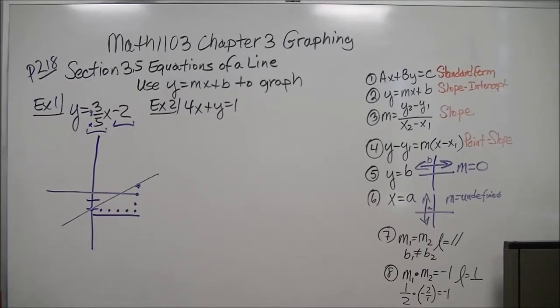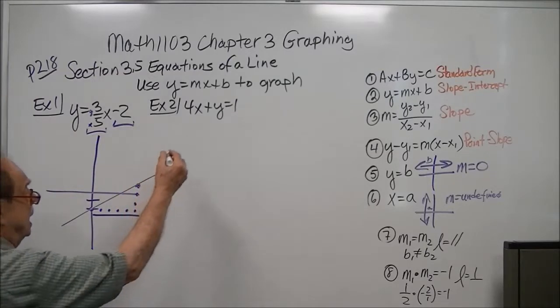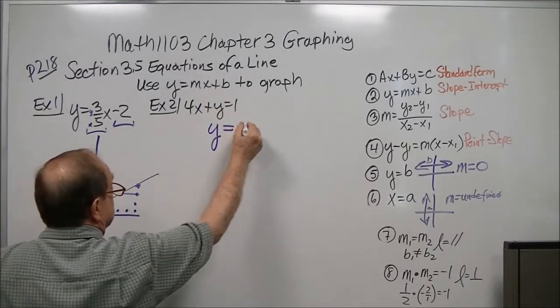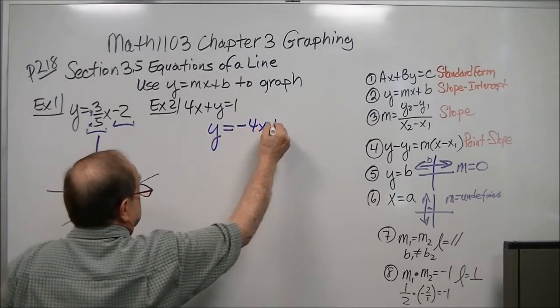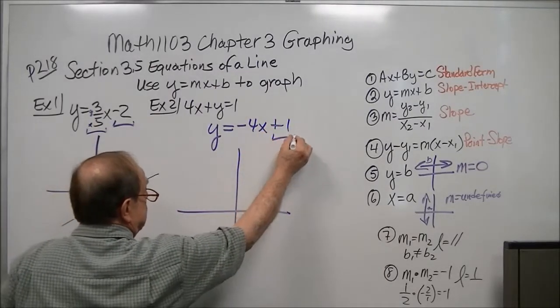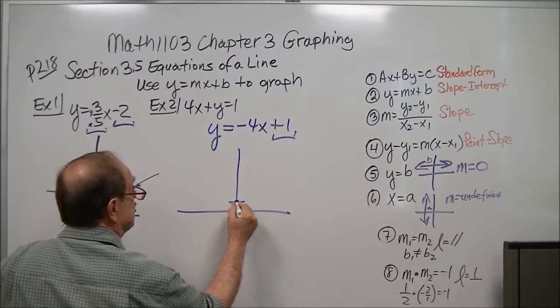Now for example 2, note that this is in standard form. So if we want to use slope-intercept to graph, we have to solve for y, which is easy here. Y equals, just transpose the 4x. So our y-intercept is a positive 1.